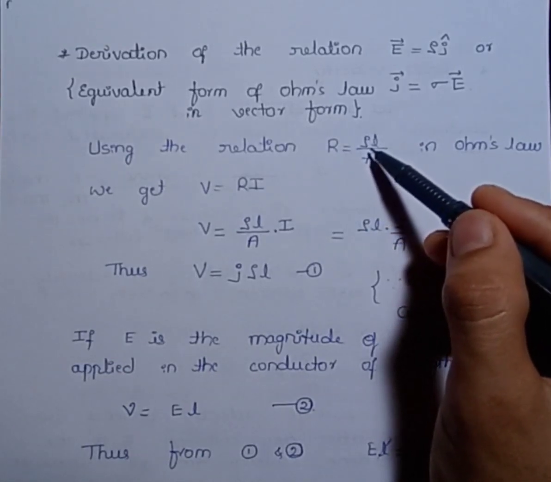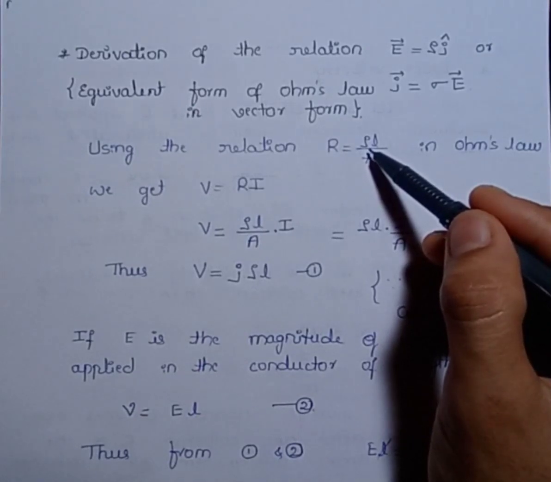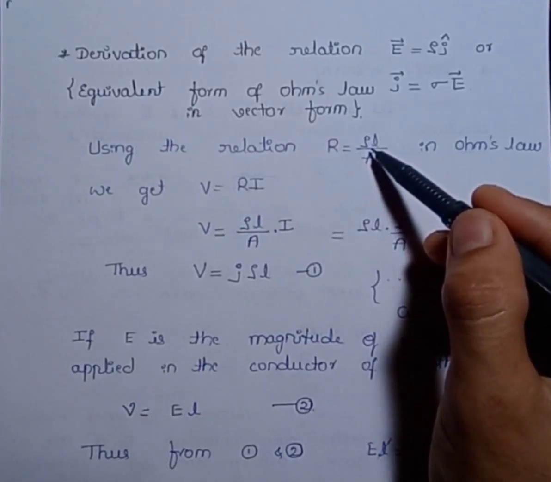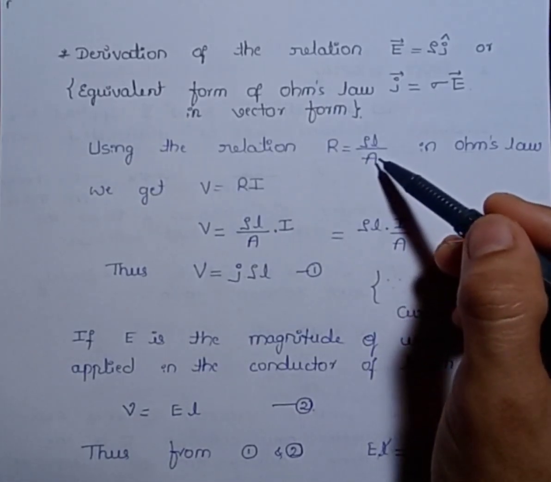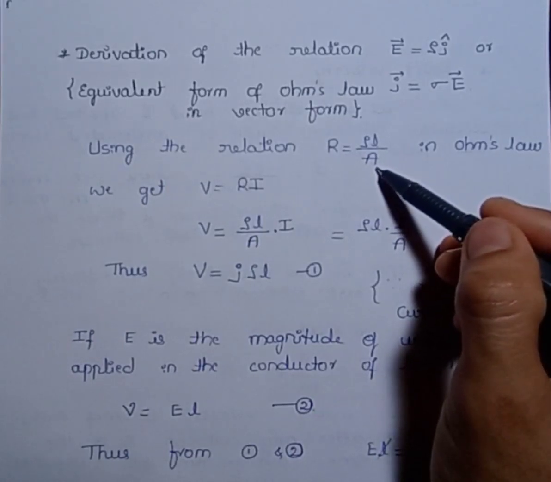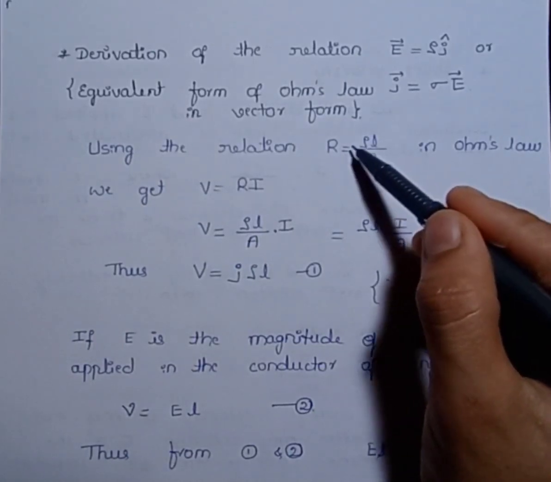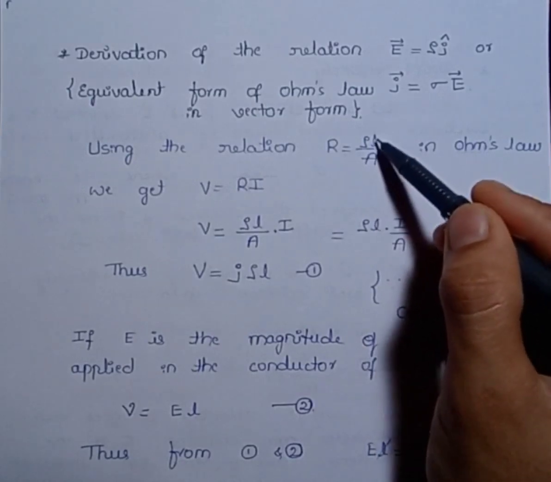Rho is the resistivity. Here, resistivity of the material of a conductor is equal to the resistance of a conductor of the given material of unit length and unit cross-sectional area. Rho gives the value of R into A divided by L.